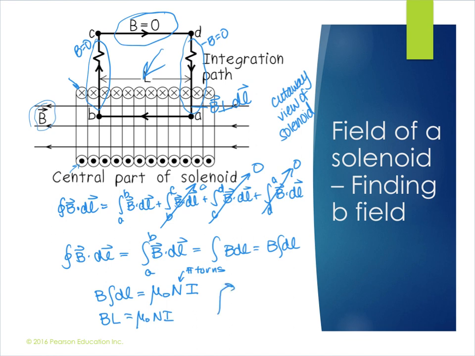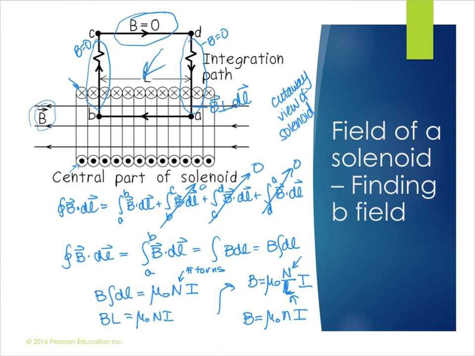And so if I rearrange this, I get B is equal to mu naught N over L times the current. In this expression, N is the total number of turns, and L is the length of the solenoid. Sometimes we write it as mu naught little n I, where little n has taken the place of the number of turns over length.